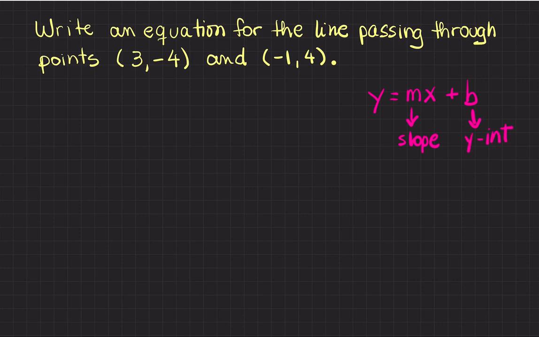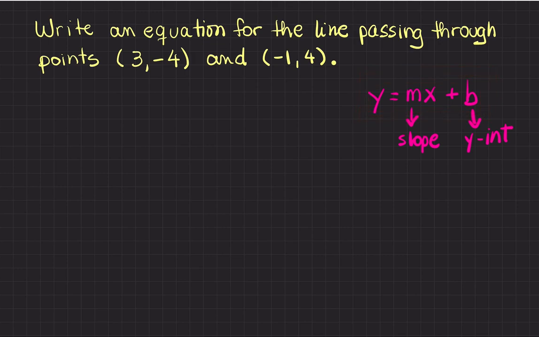If you need to find the equation of the line, this means you need to find the slope and the y-intercept, and you will plug them into this formula. Once you plug in those numbers, you will have the equation of the line for those two given points.